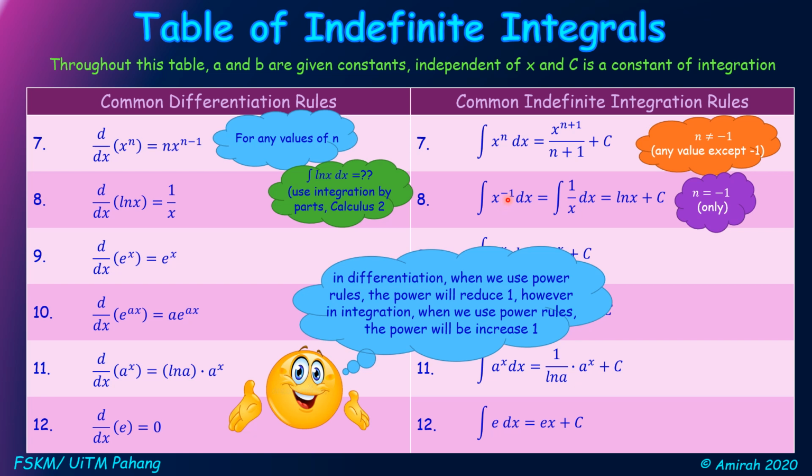If n equals -1, we must use the ln rule. And e here means Euler's number, which equals 2.718 something.